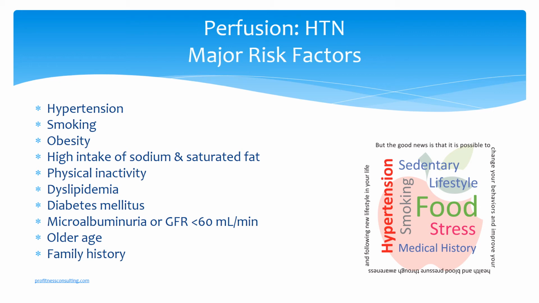So some of the major risk factors we want to make sure that we acknowledge, because a lot of times this can gear us to what kind of health promotion teaching we provide. Smoking will work against us. Smoking is a vasoconstrictor, okay? So if we're already having difficulty with blood making its way through the blood vessel, if we're smoking, we're making that blood vessel even smaller.